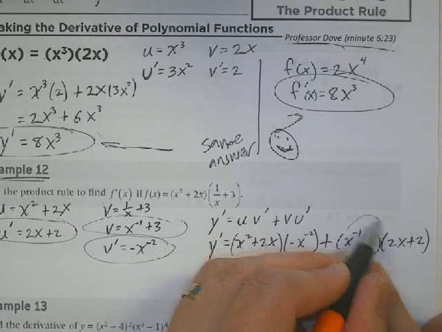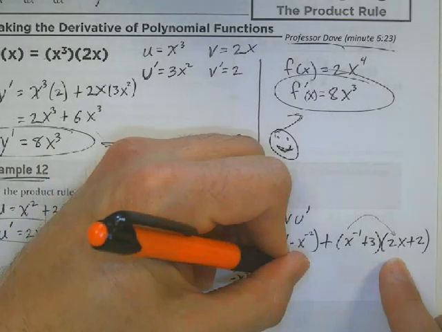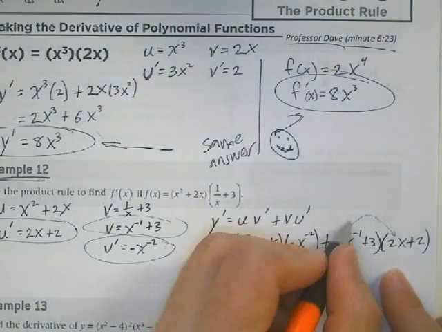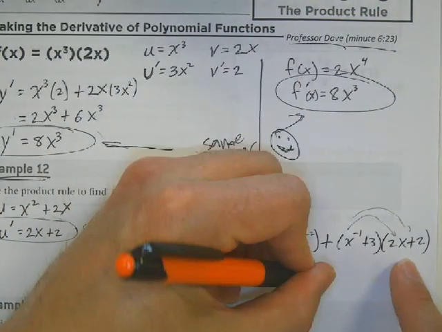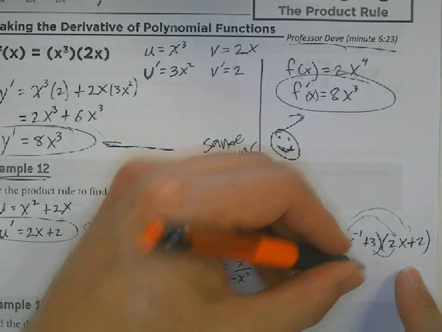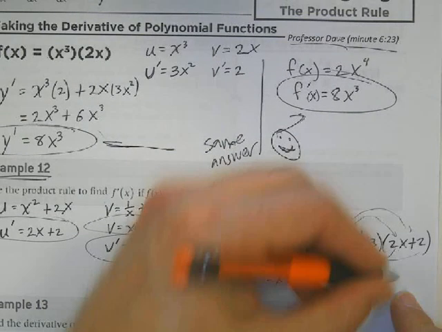That times that gets me 2x over x. This times that gets me 2 over x. That times that gets me 3x. And that times that gets me plus 6.